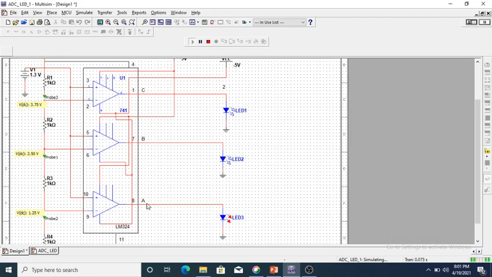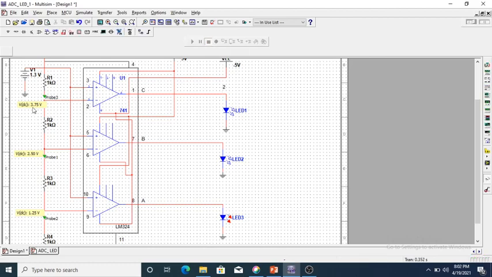So comparator A will be on because the analog input is 1.30, which is greater than 1.25. That's why only comparator A will be on, and that's why LED 3 will glow.